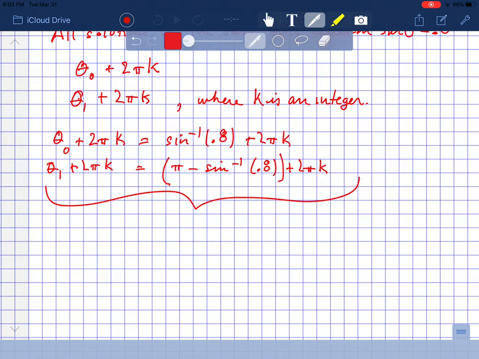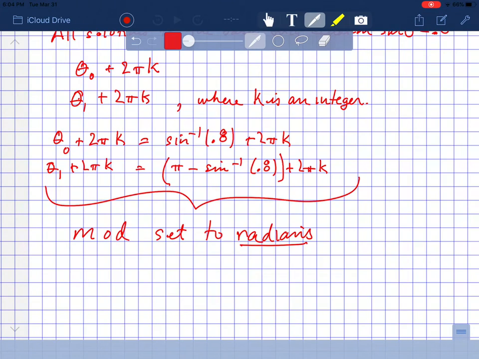But if you have a calculator, if you're asked to do this problem at home or something like that, then you can go to your calculator and make sure that the mode is set to radians, because we don't want our angles in degrees. In fact, when you study calculus, you're almost always going to use radians. So my calculator mode is set to radians.